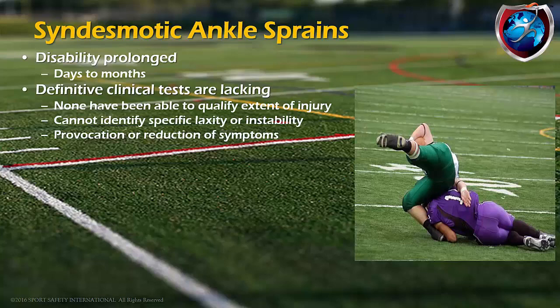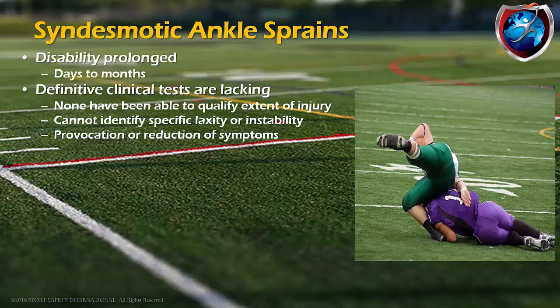A positive squeeze test is less common, but associated with a prolonged recovery. A modified Kliger test has the greatest inter-tester agreement and the lowest rate of false positive results. However, it cannot identify the specific laxity or instability. When performing these tests, the clinician should look for provocation of pain that may be indicative of a syndesmotic sprain.